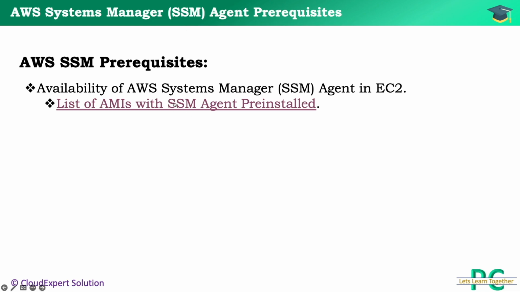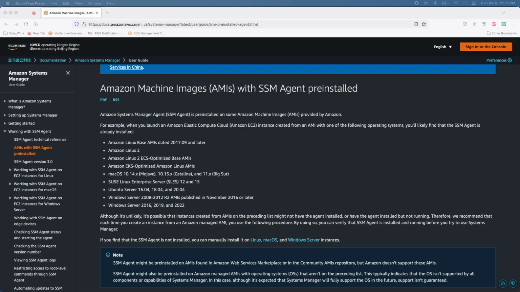I have given the link here. If I click this URL, it will take me to the AWS Documentation for AWS Systems Manager. Here you go. Now, in this section, you can see the list of AMIs with pre-installed SSM agent, and this is the entire list.